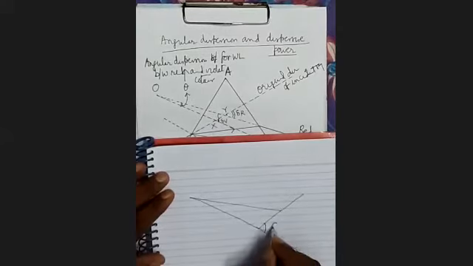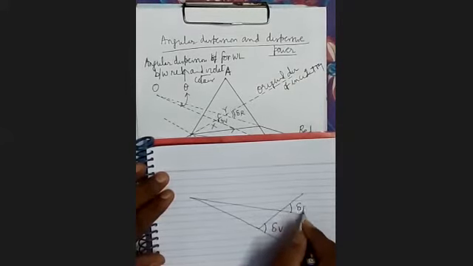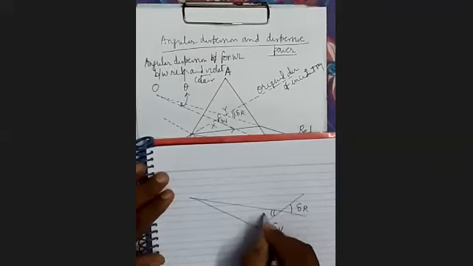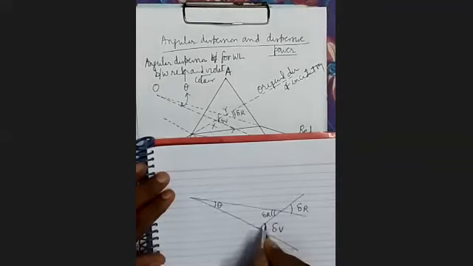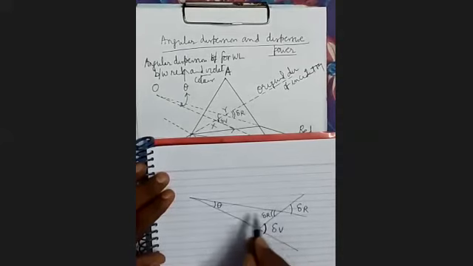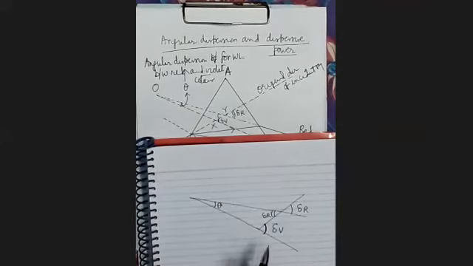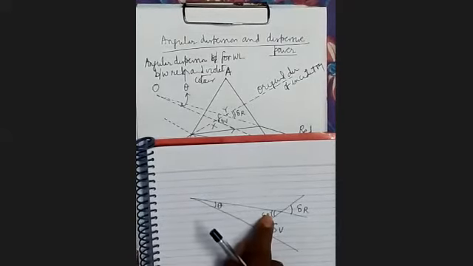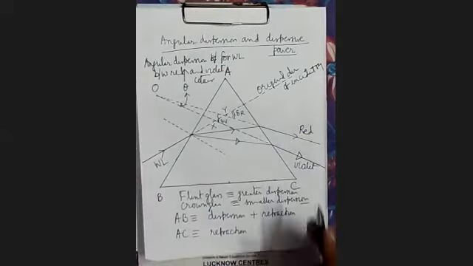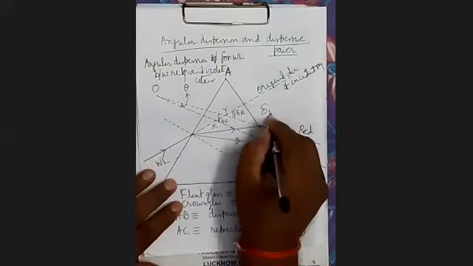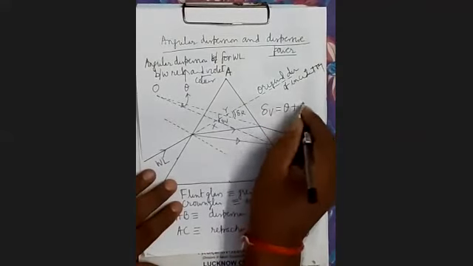This angle is del V, and here it was del R, so this is also del R, and this is theta. See here, this is the exterior angle. Exterior equals the sum of interior opposite, which means del V equals theta plus del R.